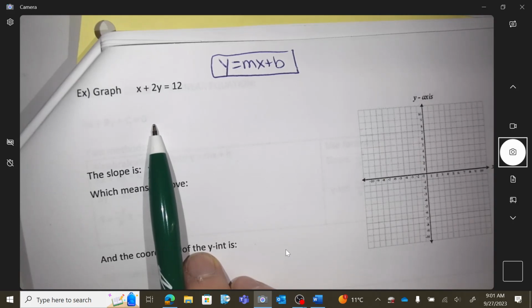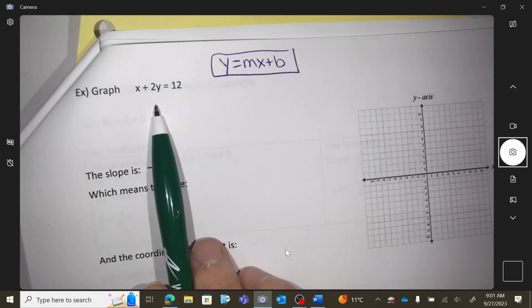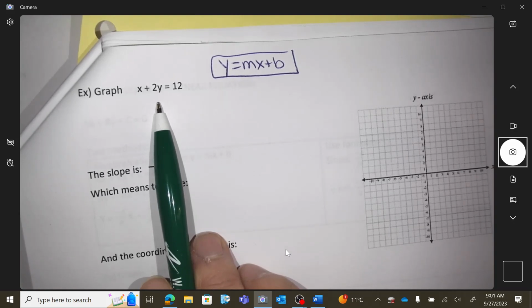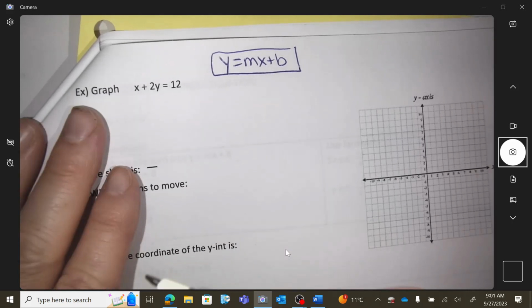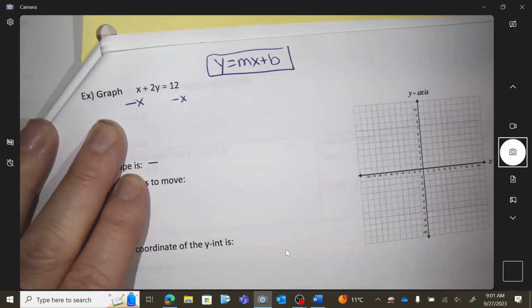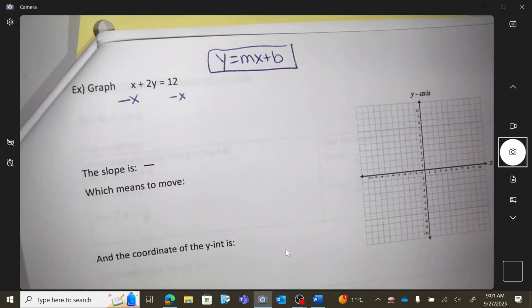So today we're going to throw algebra into the mix as well. We need to get y alone. To get y alone, I'm going to get rid of the x stuff on this side. So to get rid of x, I'm going to subtract x.